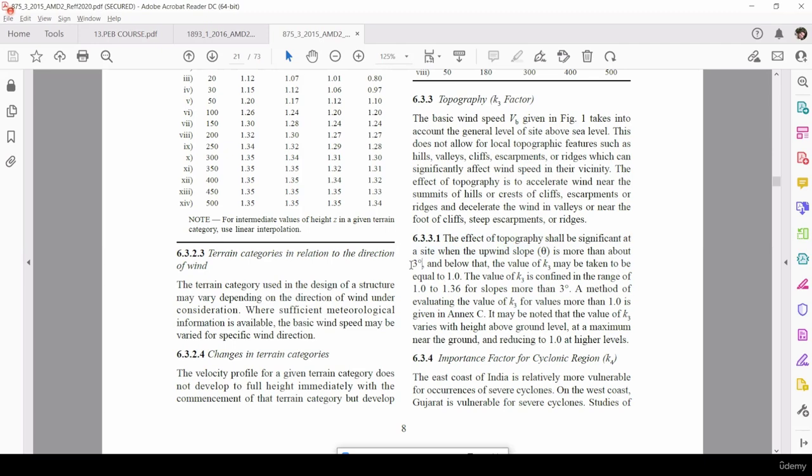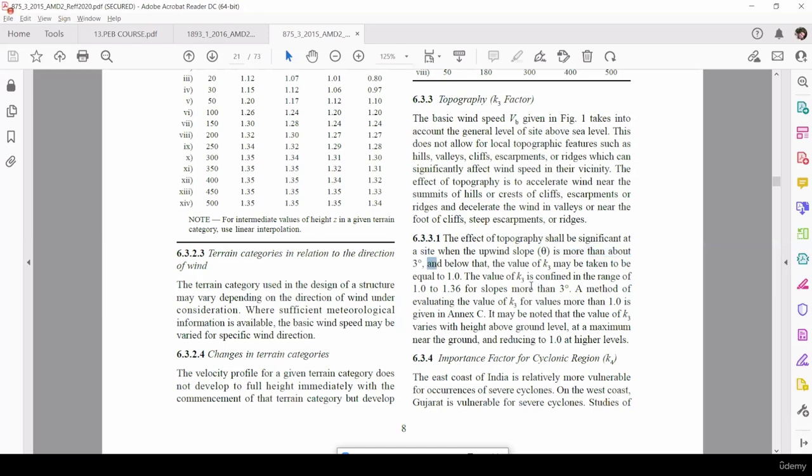If there is any hill or valley, the wind direction will be inclined; otherwise it will be horizontal with 0 degrees.